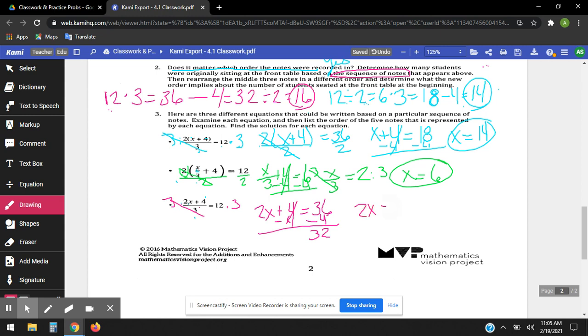So 2x equals 32. Now to get my x by itself, I have to undo the multiplication. Let's divide. So x equals 16. So the order does matter. And that's really what this module is about: how do we undo equations to solve for whatever variable we have going on. Thanks for joining us, and see you next time.